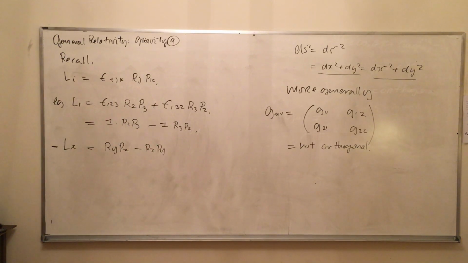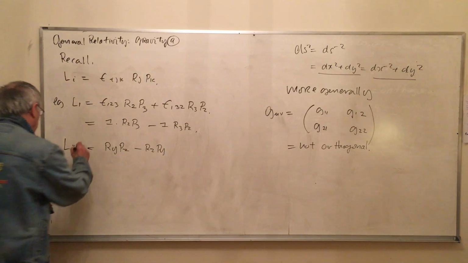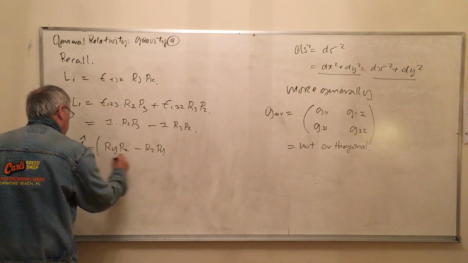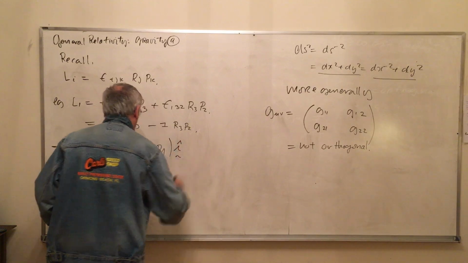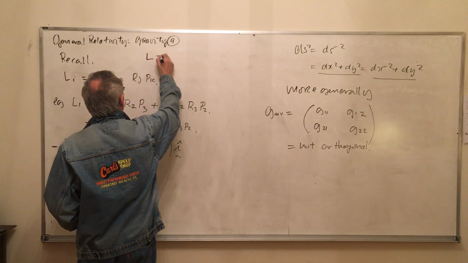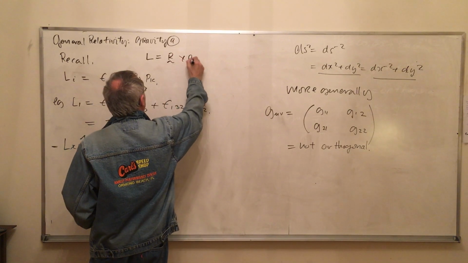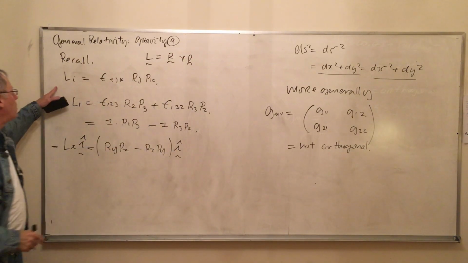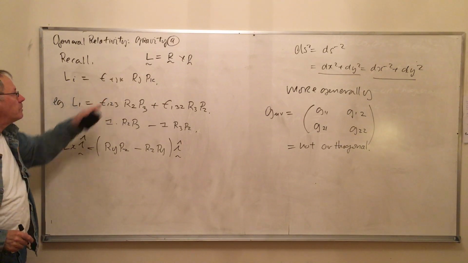So therefore the component of angular momentum in the i direction is given just by the ordinary cross product. But this is the way you find the cross product's component by component.